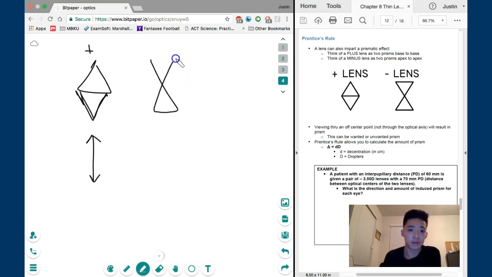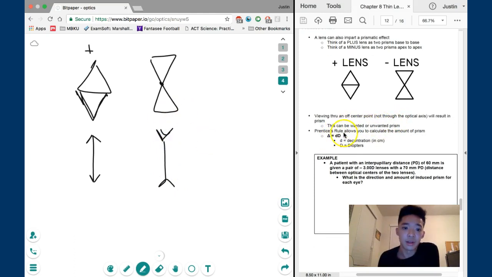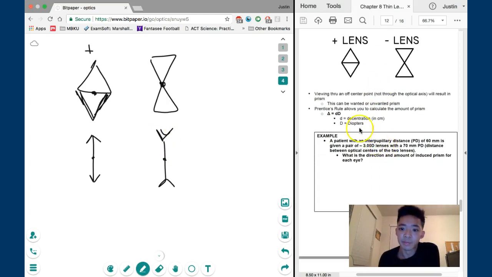And a minus lens is like two prisms upside down, or apex to apex, and so that is essentially like that. So when viewing through an off-center point, when you're not through the center of the system, you might get unwanted prism.